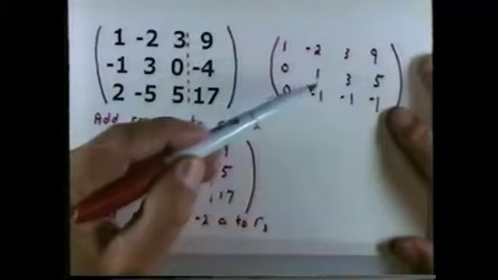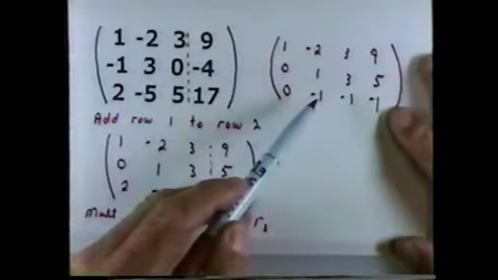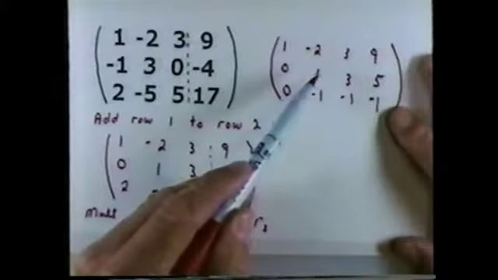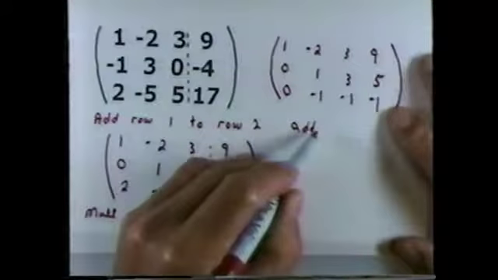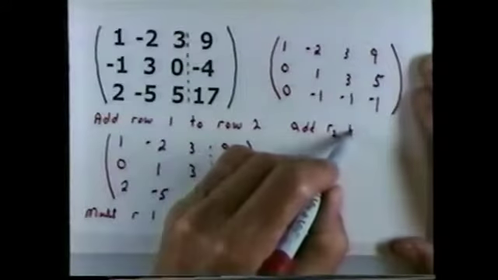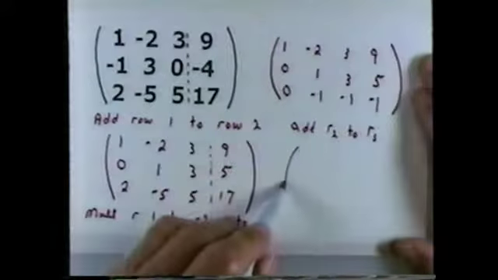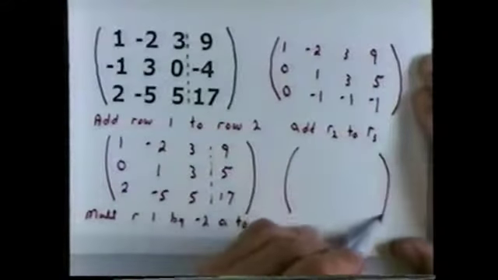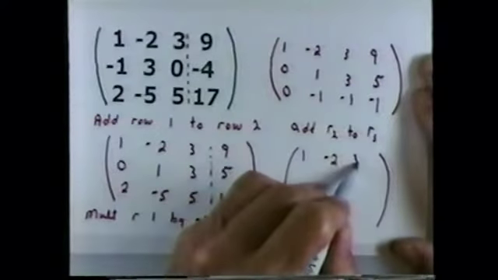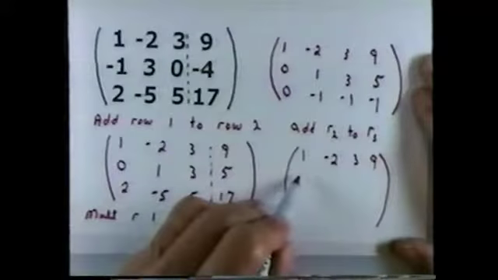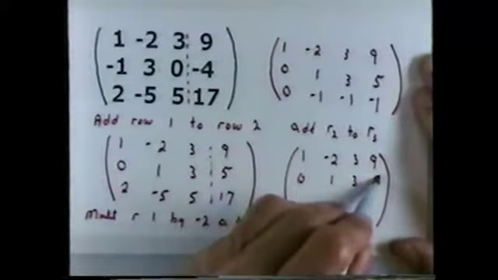Well, I have a 1 here. I'd like to have a 0. All I have to do to get a 0 in this position is to add row 2 and row 3. So we're going to add row 2 to row 3. 1, -2, 3, and 9. 0, 1, 3, and 5.